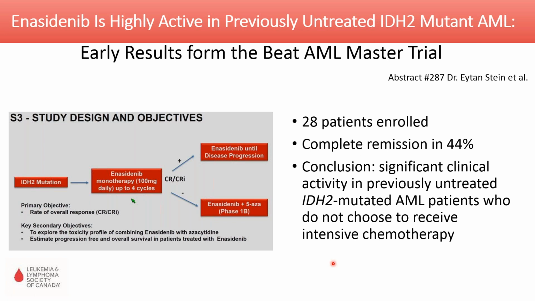There was a side effect called differentiation syndrome, and that's when those leukemia cells differentiate, or turn into those healthy neutrophils that we want, but sometimes it's a little too much at once, and it can cause a lot of inflammation. It might cause patients to have difficulty breathing or some swelling in their lungs.